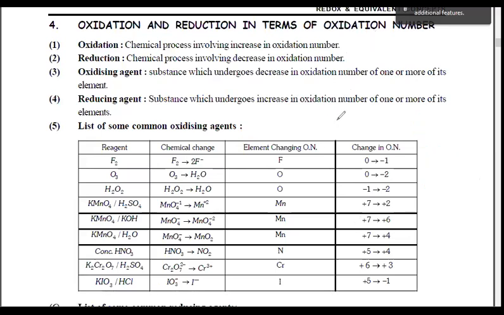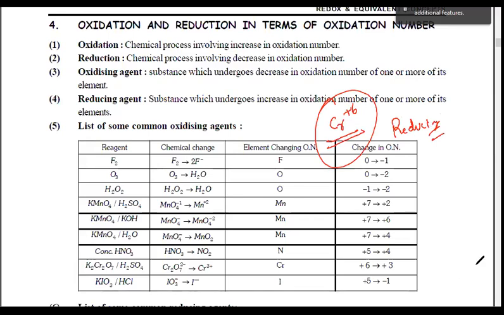Now, suppose we talk about any compound in which Cr has a +6 oxidation number. Can it behave as a reducing agent? Can it lose more electrons?